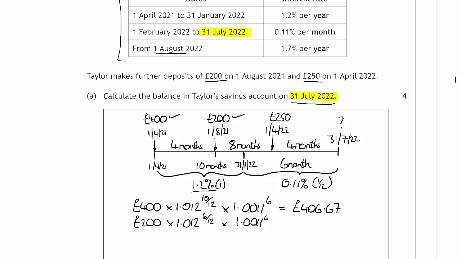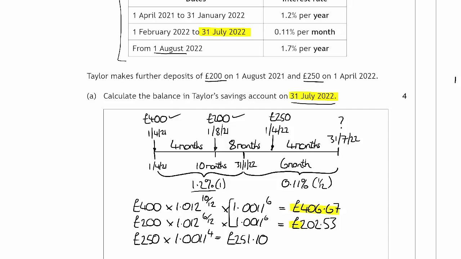You see how these two are the same, and that's 202.53. Then you've got £250. That's in for 4 months altogether, so that's within that time frame of the 0.11%, so that's 1.0011 to the power of 4, and that's £251.10. And what you then just do is add these up.